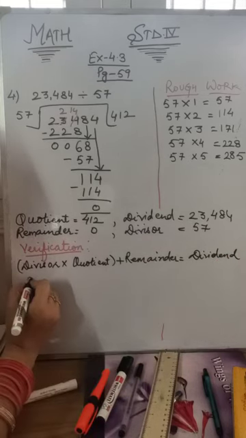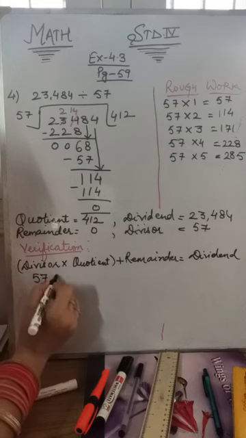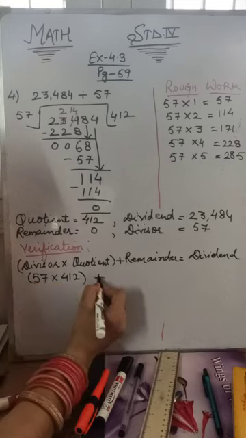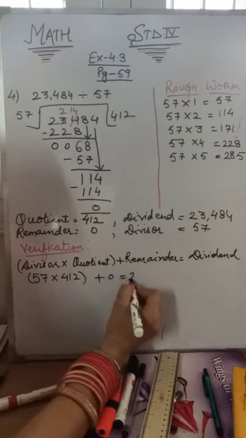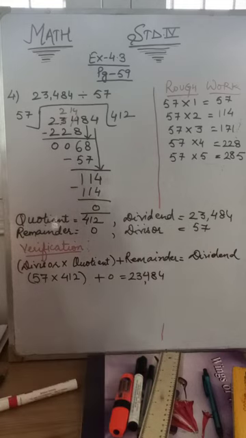The divisor is 57. The quotient is 412 and the remainder is 0. The dividend is 23,484. Our answer should come 23,484.